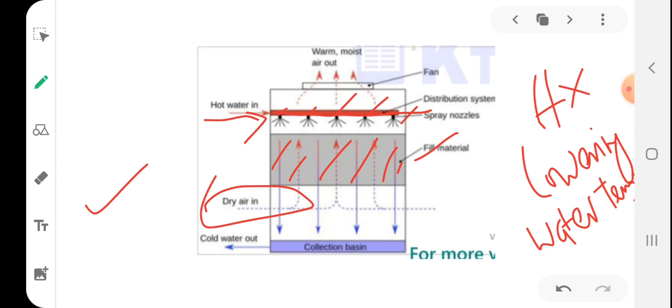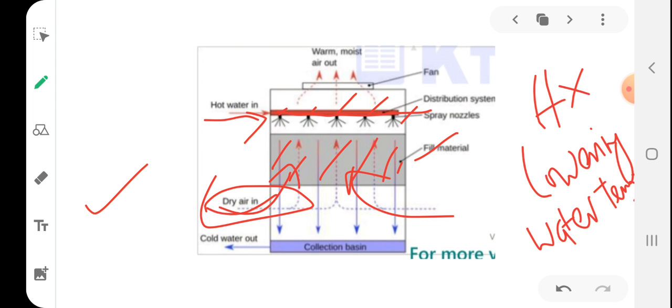In order to bring this water to a lower velocity, a fill media is used, so that the water slows down. If it slows down, it will have better contact with the air that is coming through this area.